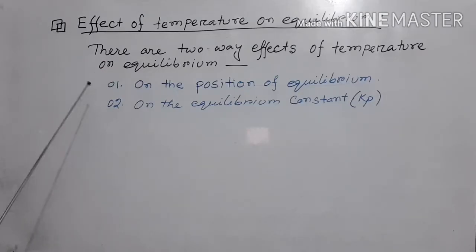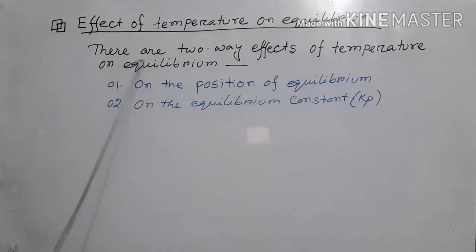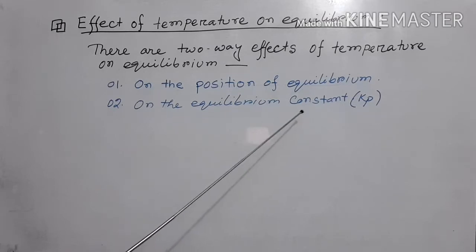Students, now the effect of temperature on equilibrium. We see there are two-way effects of temperature on equilibrium. The first one is on the position of equilibrium, and the second one on the equilibrium constant.